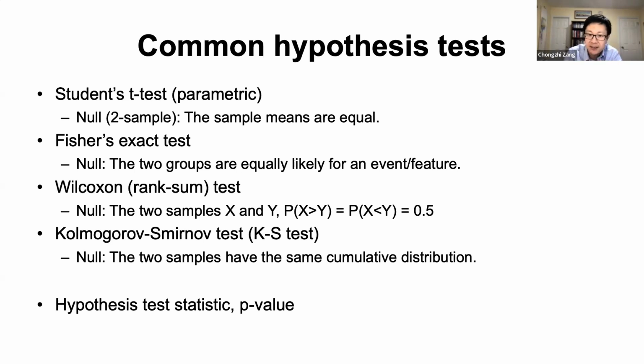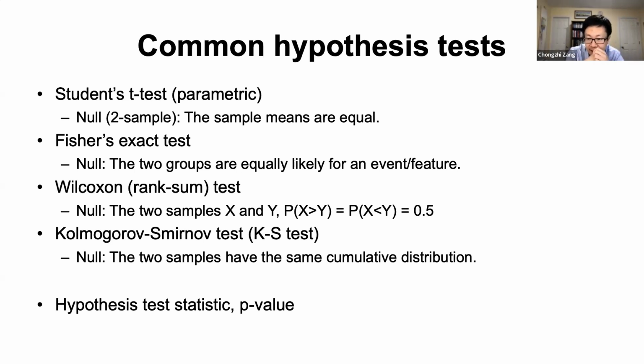We always think about the meaning of the t-test and the p-value that comes out of it. We'll discuss the p-value later. It means that we are accepting or rejecting the null hypothesis that the sample means of these two groups are equal.